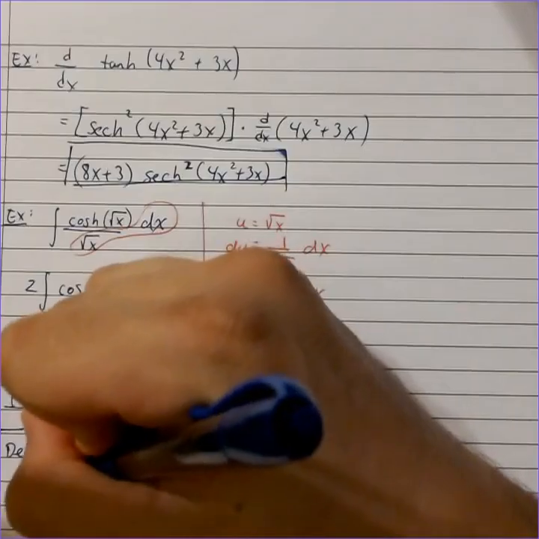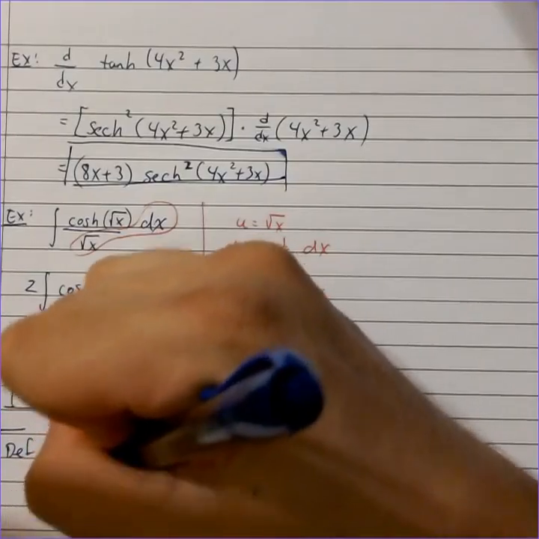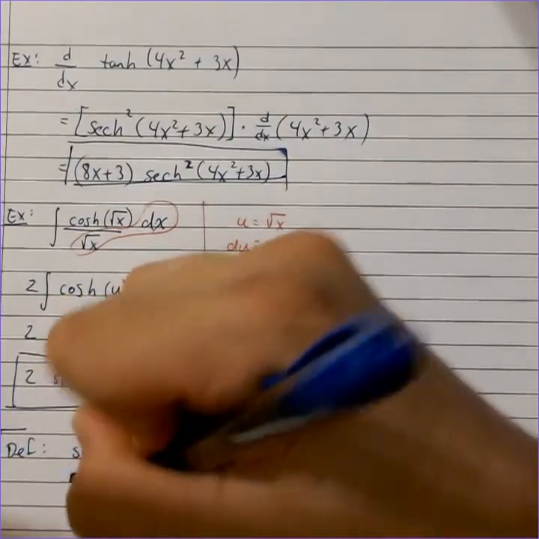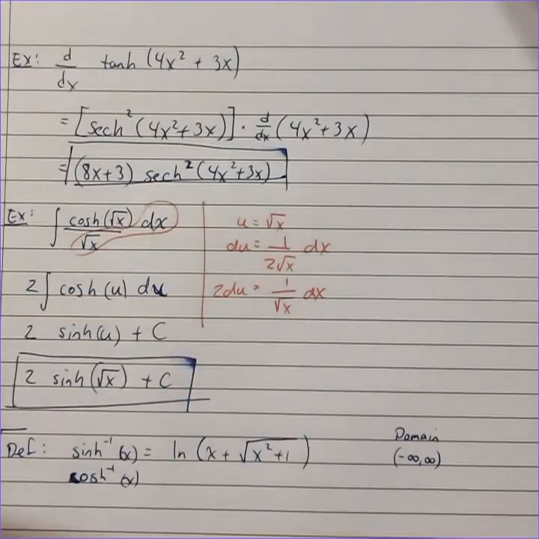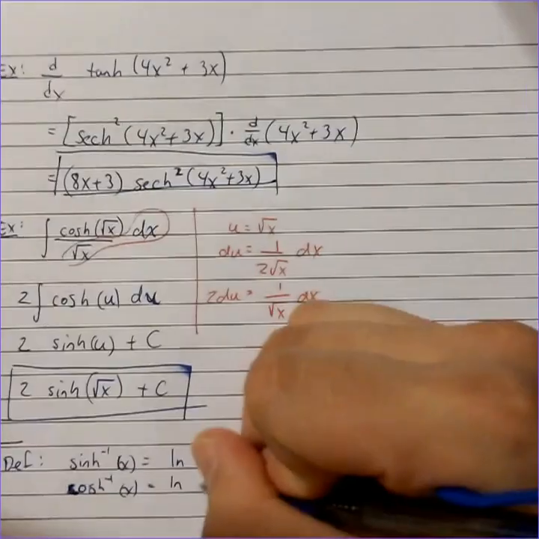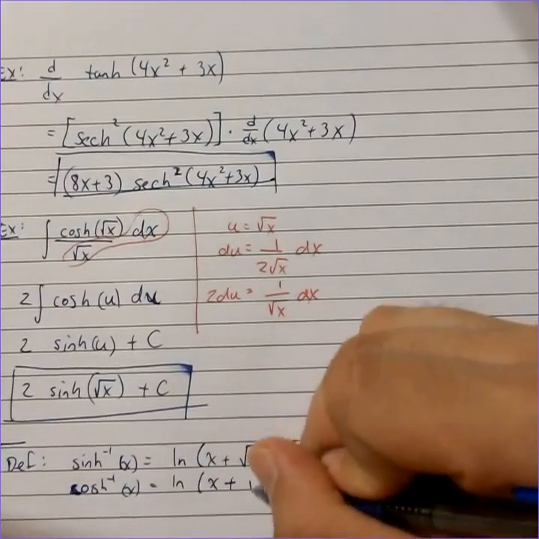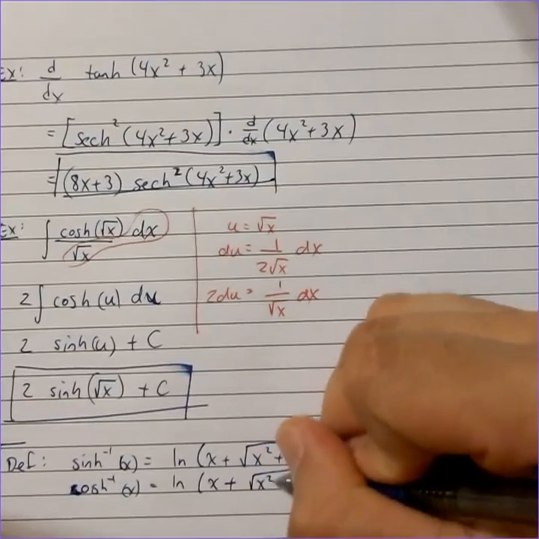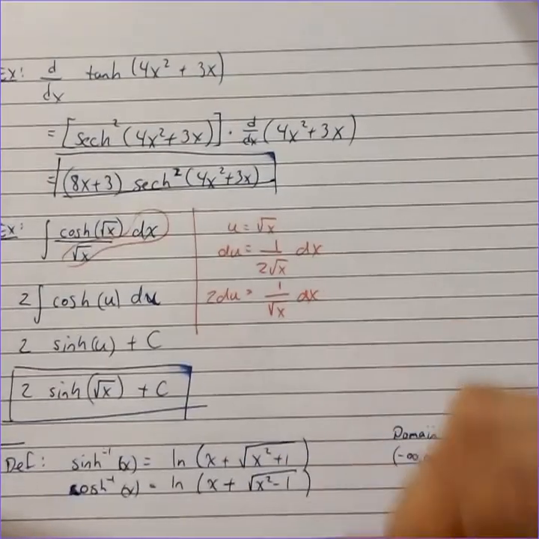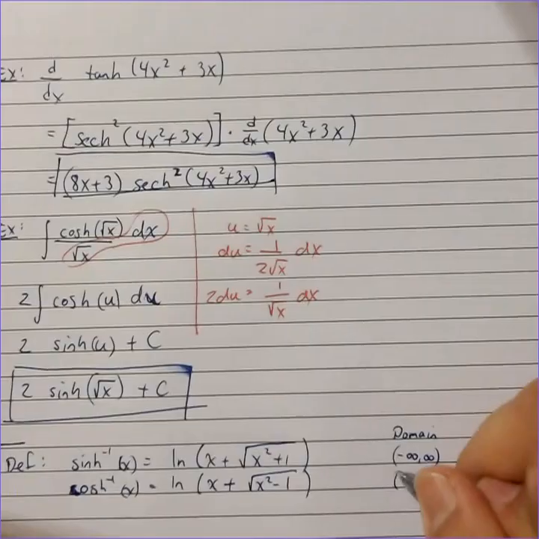The inverse hyperbolic cosine function, the cosh inverse of x, is defined as the natural log of, and this looks almost exactly the same. The difference is this very last plus is going to be a minus. This one, however, is not defined for all real numbers.